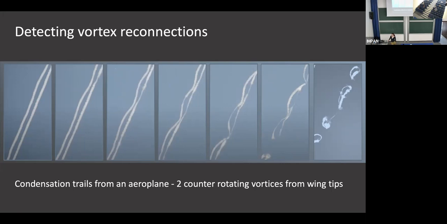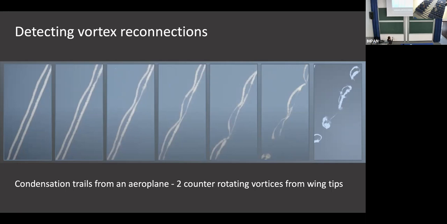So this is the setup. These are actually photos, and I guess everybody has seen this. These are trails of condensation behind an airplane that form at the tips of the wings. At the beginning, they are really nicely parallel lines. It's actually counter-rotating vortices.